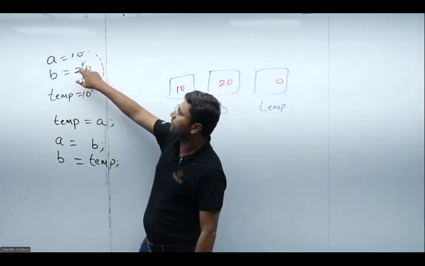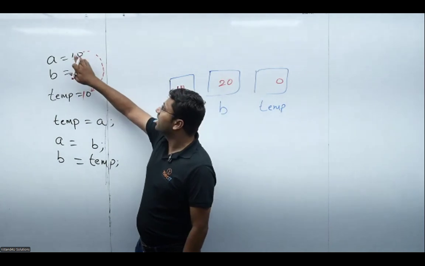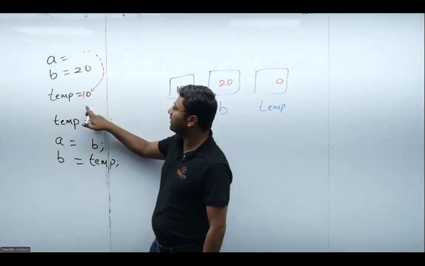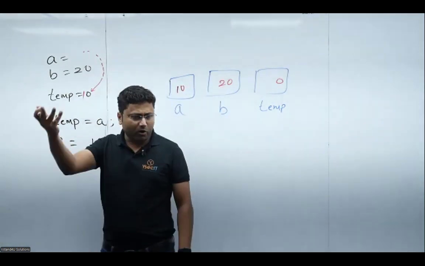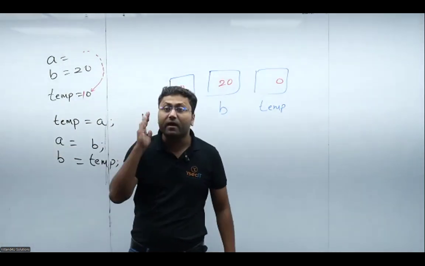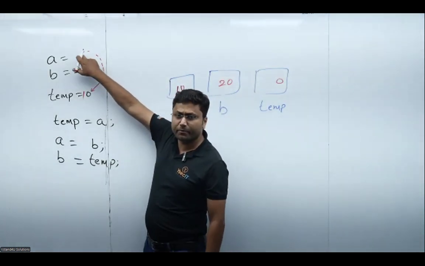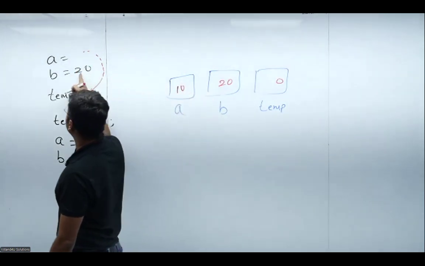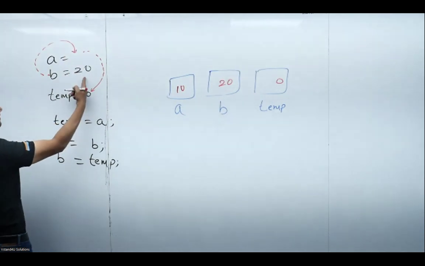Whose value have you preserved, A or B? That means even if I play around with the value of A, can I recover the value of A? Temporarily I kept it somewhere. If tomorrow I need it, I can read it from temp. Agree? In this way, I can put any number right now over here, right? So what am I saying? Take this value of B and put it where? What is the value?